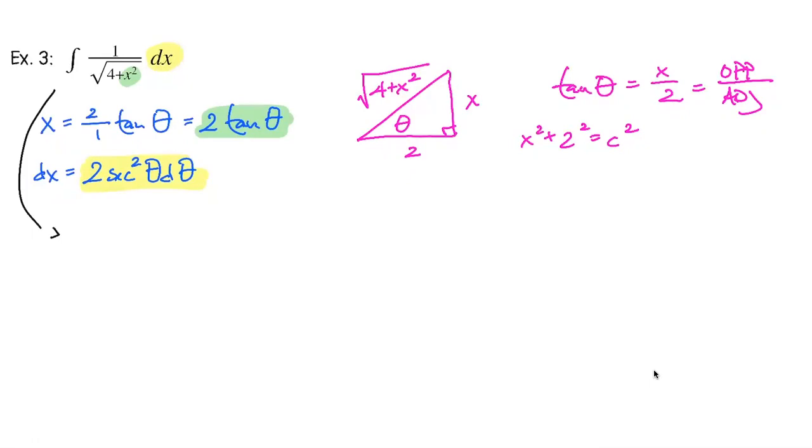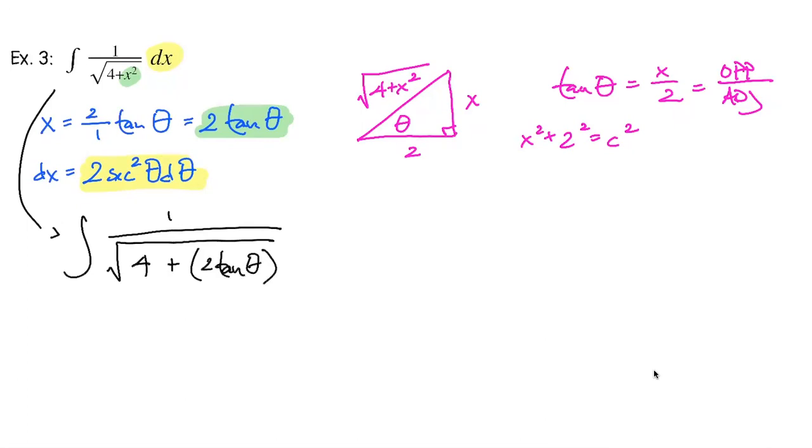Yes, these problems get longer and messier before they get better, but if you miss a substitution, it never ends, okay? Or it doesn't get easier. It just keeps getting worse and worse and worse, okay? So let's make that substitution. 1 over the square root of 4 plus 2 tangent theta squared times 2 secant squared theta d theta.